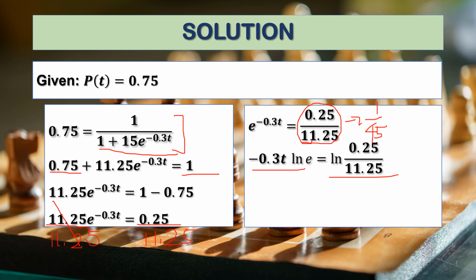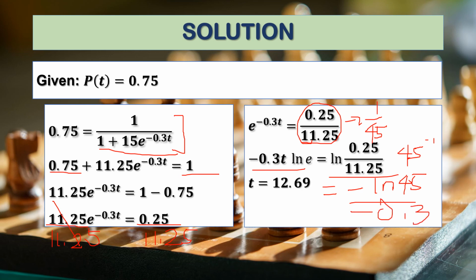Since 1 over 45 is 45 raised to negative 1, therefore we have negative natural log of 45 divided by negative 0.3.